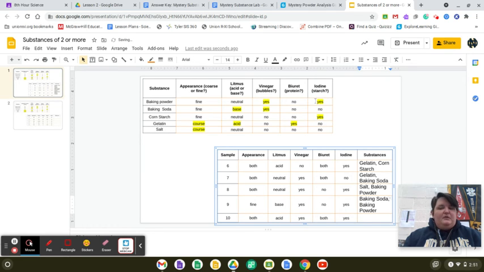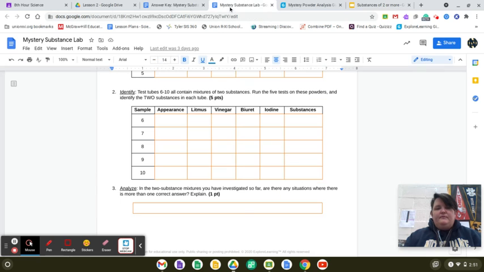Well, baking powder gives me a yes for iodine, but so does cornstarch, okay? So because of that, cornstarch is a possibility, all right? And so with that, this one could be baking soda, baking powder, or baking soda, cornstarch. Okay, there's actually 3 possibilities for that one. There's too many variables to really say for 100%. Okay, so the reason I bring that up is that on your assignment, this question right here asks that very question.